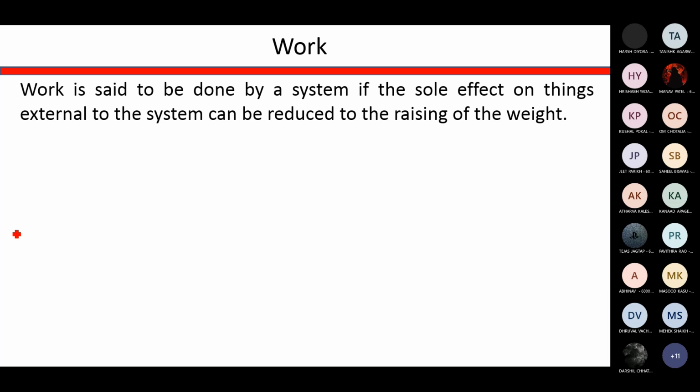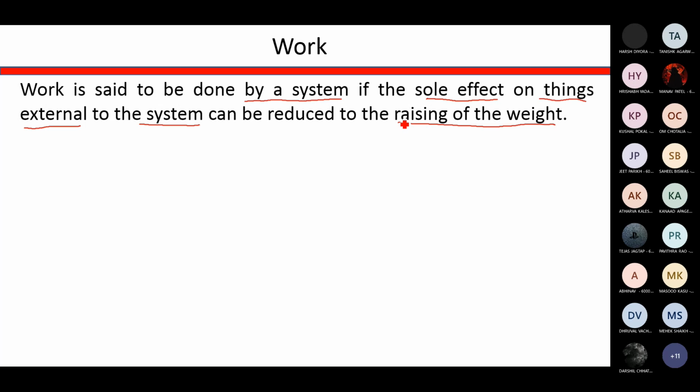Now how to define work in the context of thermodynamics? We'll call it thermodynamic work then. Fine. So look at the definition on the screen. What is work? Work is said to be done by a system. Now these words are important. Work is said to be done by a system if the sole effect on things external to the system can be reduced to the raising of a weight.